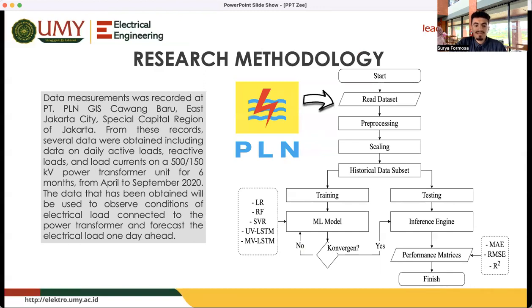From this record, several data were obtained, including data on daily active loads, reactive loads, and load current on a 500/150 kilovolt power transformer unit for 6 months from April to September in 2020. The data that has been obtained will be used to observe conditions of the electrical load connected to the power transformer and forecast the electric load 1 day ahead.